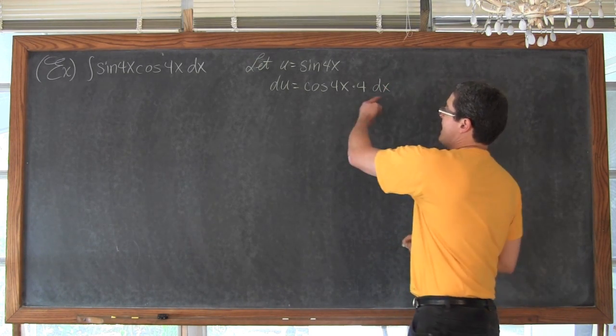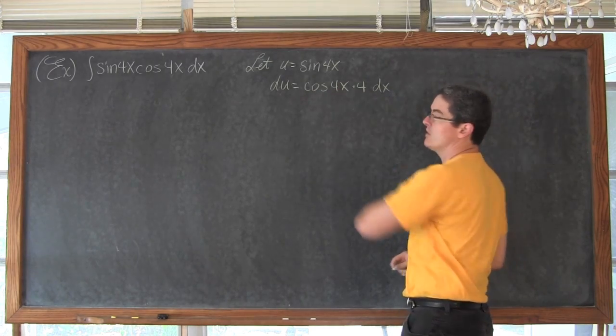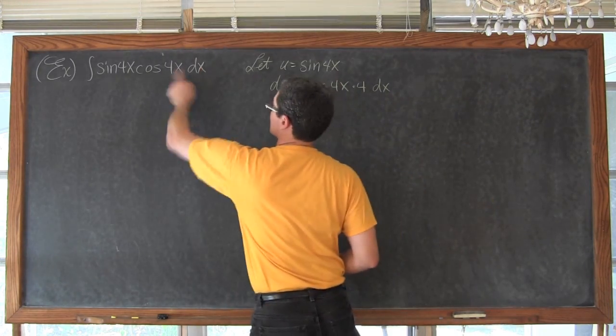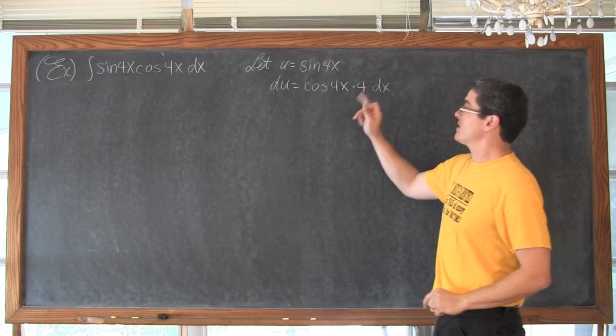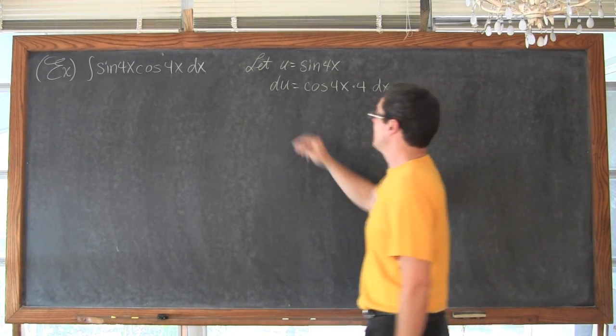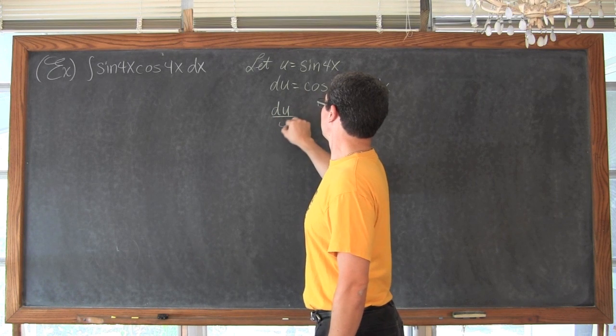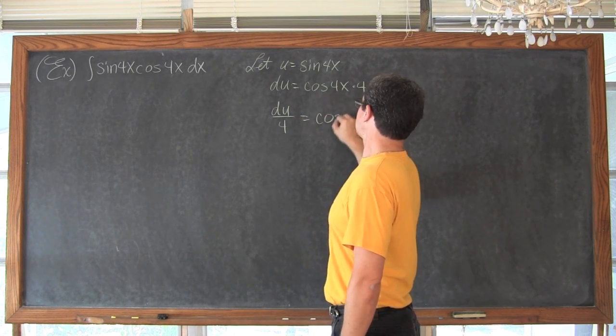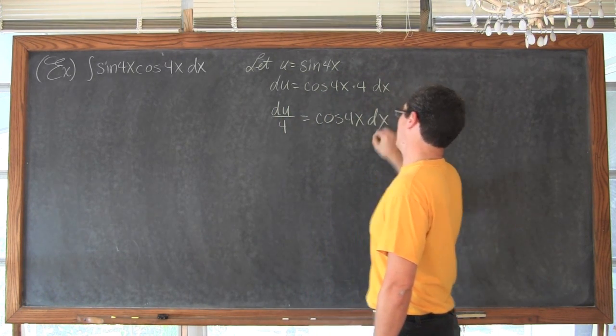As I look at what I have here, I've got dx and cosine of 4x, but there's no extra 4 over here, so we need to move this 4 over to the other side, and we get du over 4 equals cosine of 4x dx.